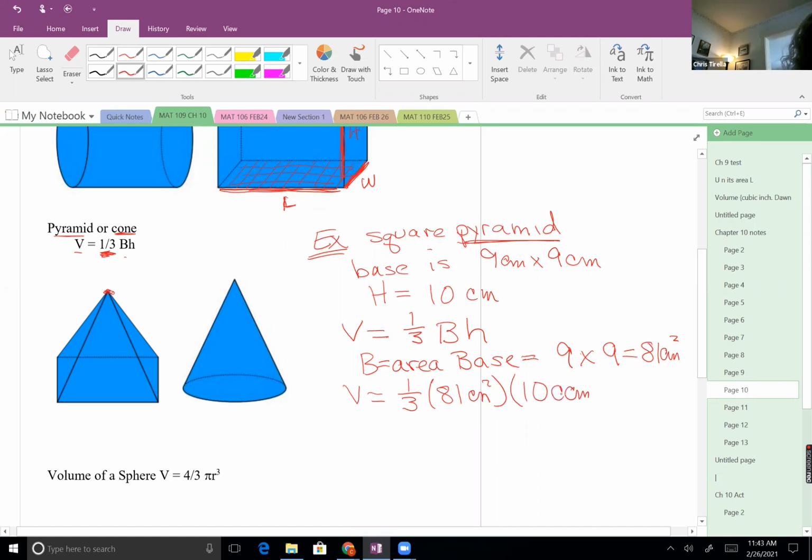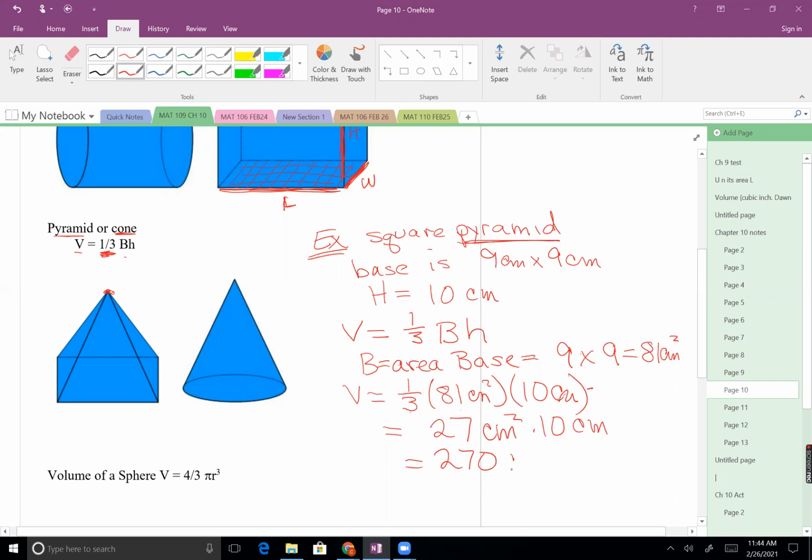I put an extra C in there, didn't I? 1/3 of 81 is 27. So 27 square centimeters times 10 centimeters will leave me with 270 cubic centimeters.